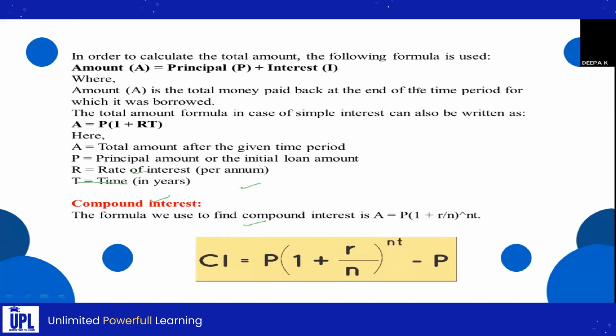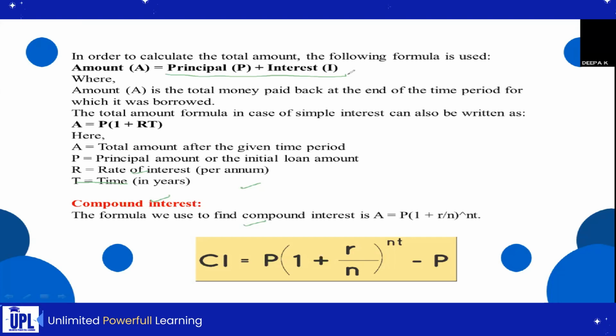Next, amount. The formula to find out the amount. In order to calculate the total amount, the following formula is used. What is the formula? Amount is equal to principal plus interest. I already told you what you mean by amount. It depends upon principal and interest.